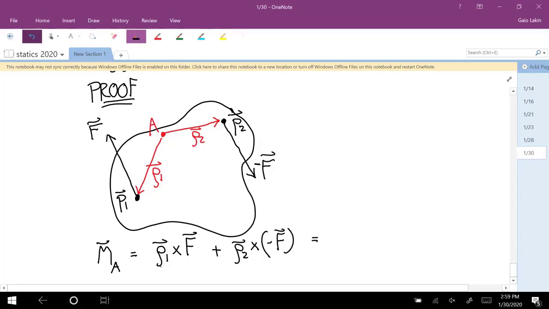You can write this as P1 minus A crossed with F plus the quantity P2 minus A crossed with negative F. Okay, so they're in there.